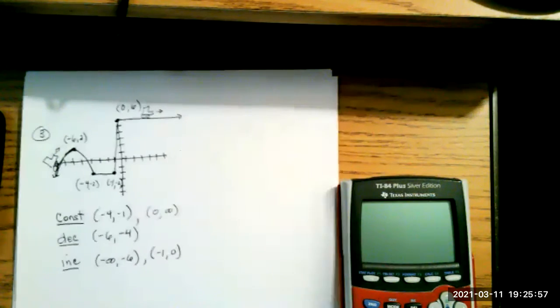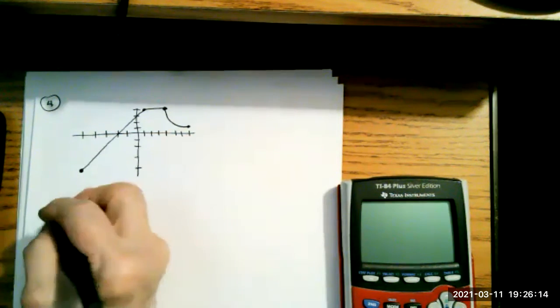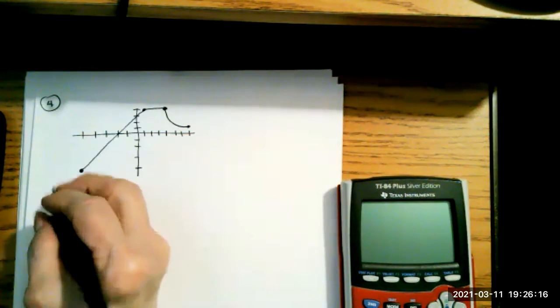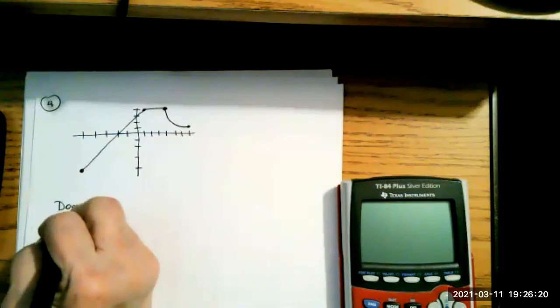Okay, let's try to shift gears here. This number 4 that you're going to have, and there's only about 7 of these to do, they switch gears and say nothing about intervals increasing and decreasing. They say on this one, determine the domain and the range.